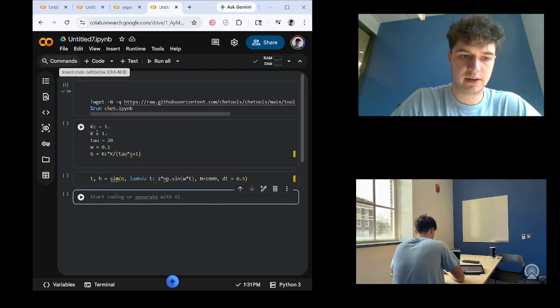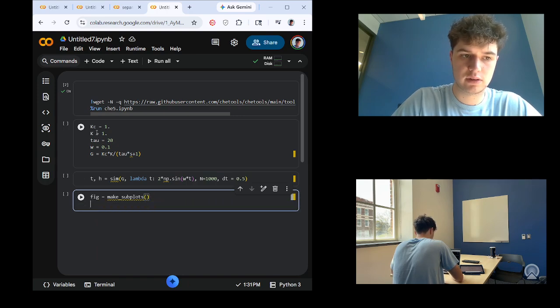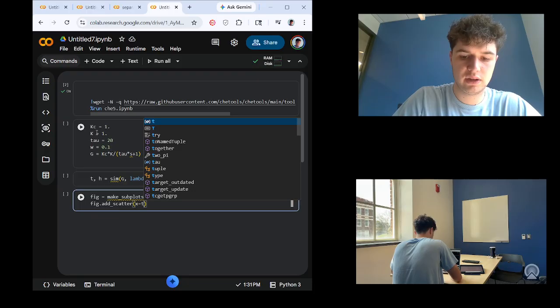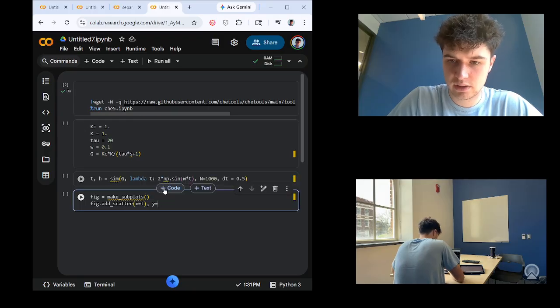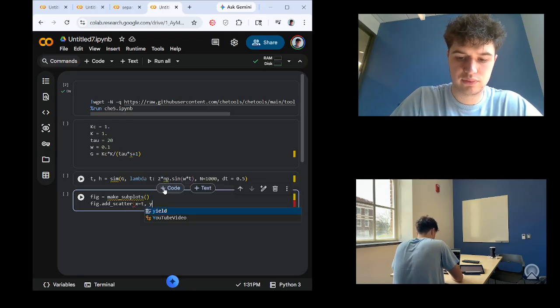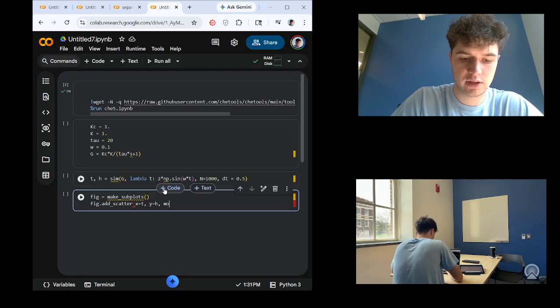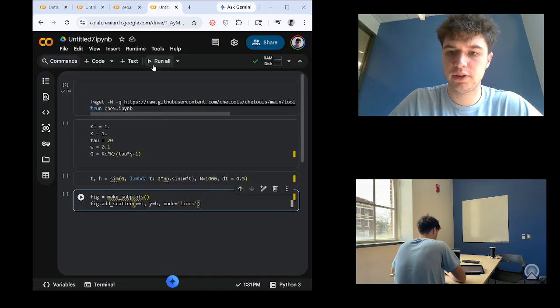And then we can add another line of code, and that is fig equals subplots, fig add scatter x equals t, y equals h, mode equals lines.